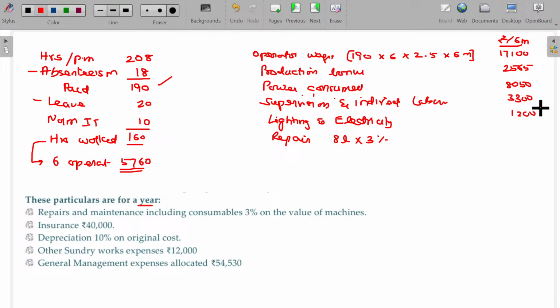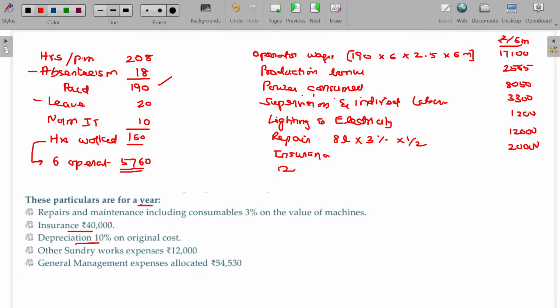But earlier also we calculated only for the semester, so you have to calculate for half year: 12,000 rupees. And insurance 40, but for half year 20,000 rupees.